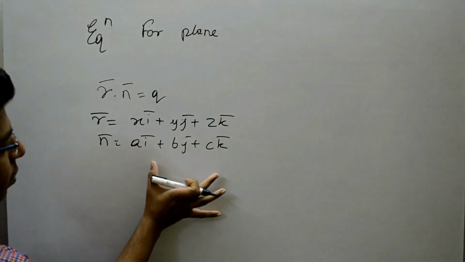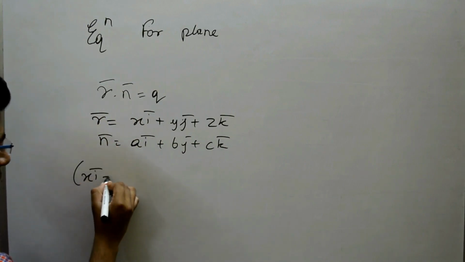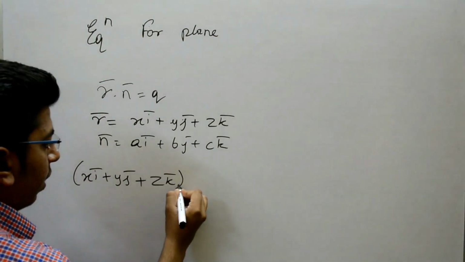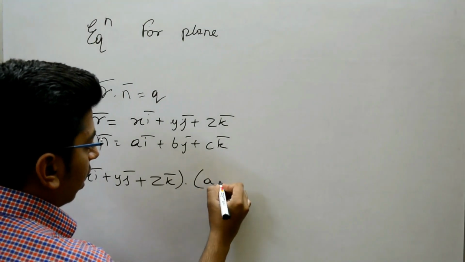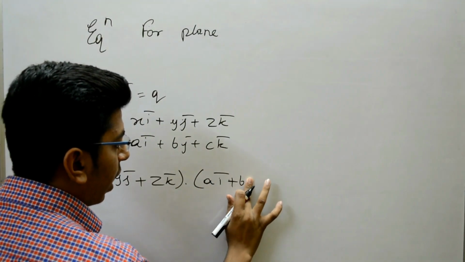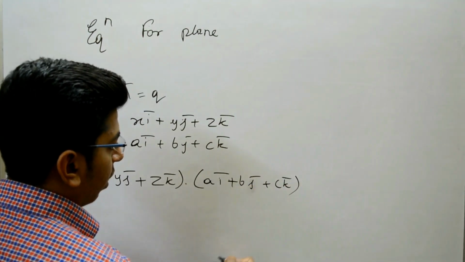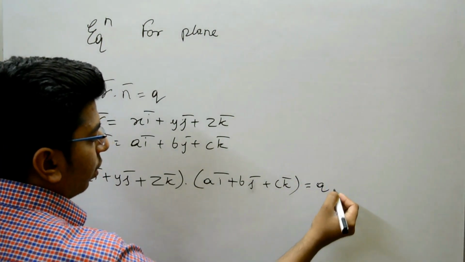Substituting these values, we get (xi bar plus yj bar plus zk bar) dot (ai bar plus bj bar plus ck bar) equal to q.